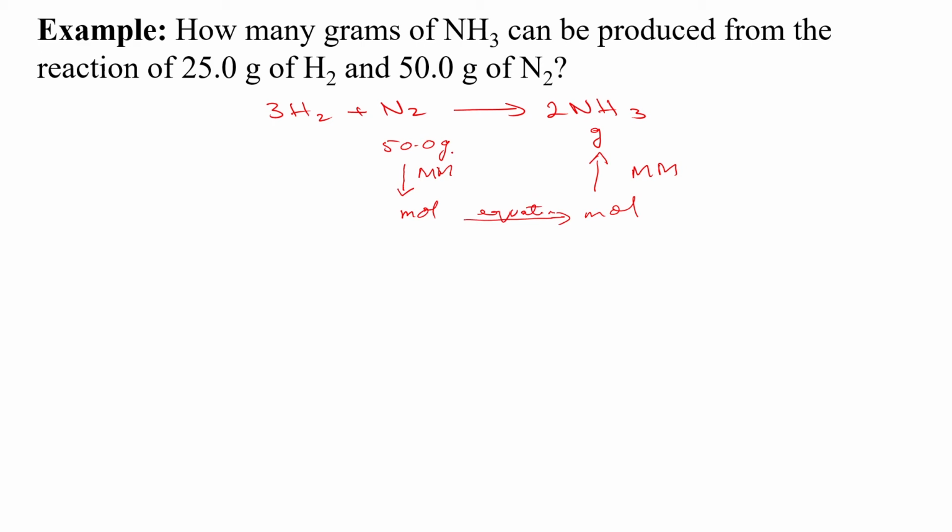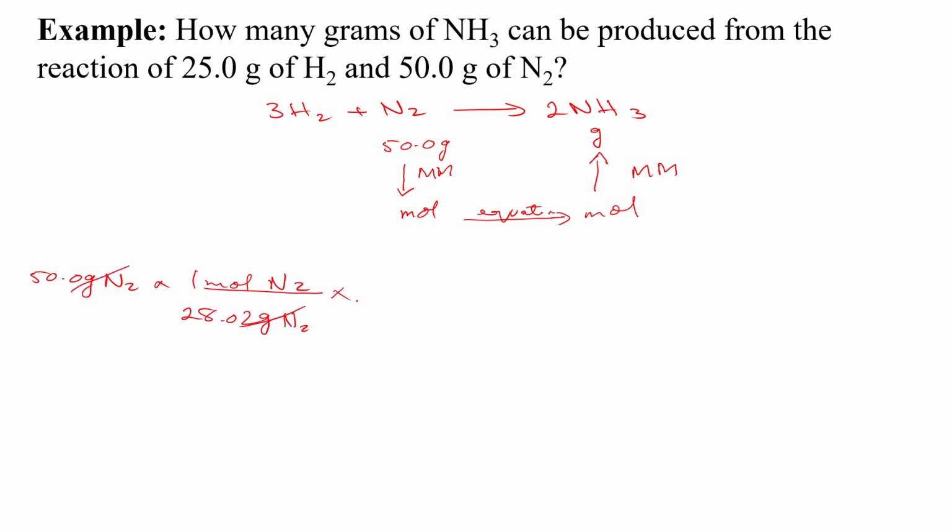This one, we did it in the previous step, so it is up to you. You can take the number from there, which was 1.78 moles of nitrogen. So you can start from there, or you can start from 50 grams of nitrogen, and then you have 1 mole of nitrogen and 28.02 grams of nitrogen.